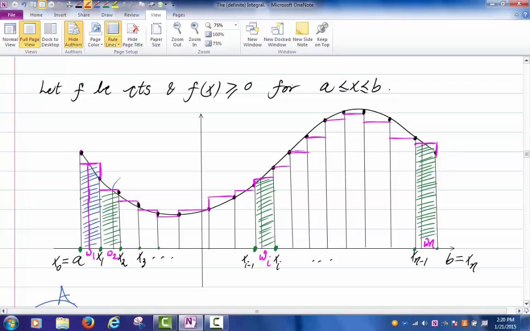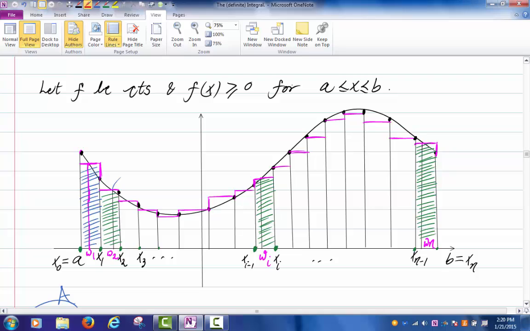So the first summand in my Riemann sum represents the area of the rectangle above the first subinterval having height f of w1.